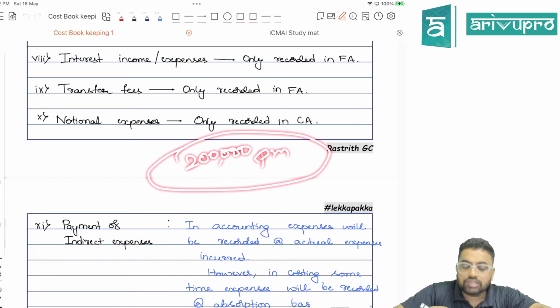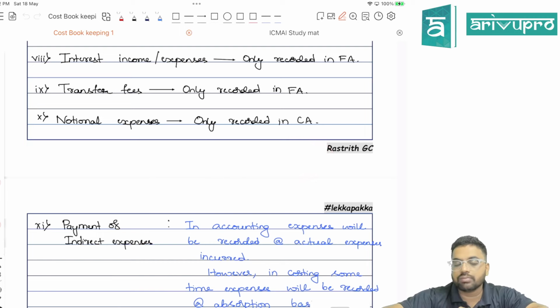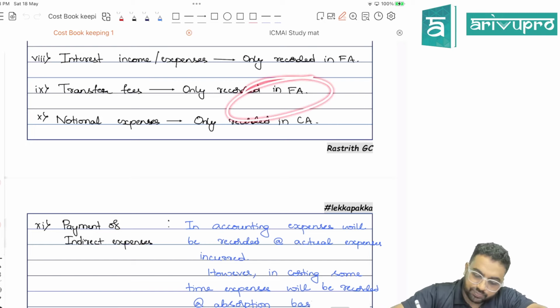Now, because we are using it for our business, we can't let it out. So that is a notional cost. The answer is yes, sir, notional expense. In financial accounting, whether we record actual expense or notional expense, we ignore the notional expenses. We record only actual expenses. So notional expenses will be treated as expense only in the cost accounting, but not in the financial accounting.